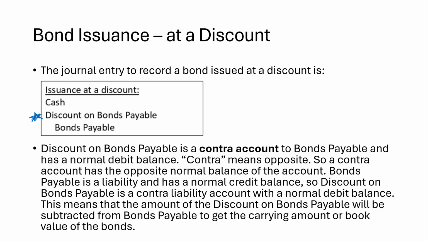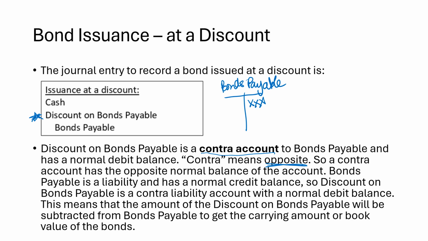It is a special type of account called a contra account. Contra means opposite. So bonds payable is a liability, so it has a normal credit balance. So the opposite of that would be a debit balance.